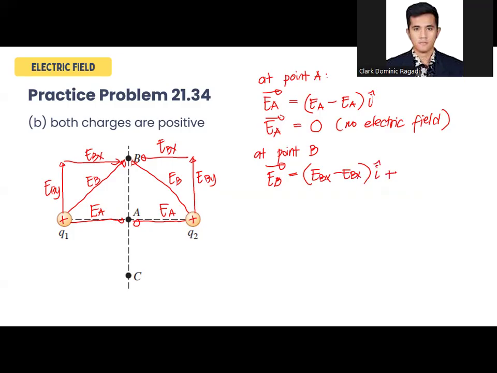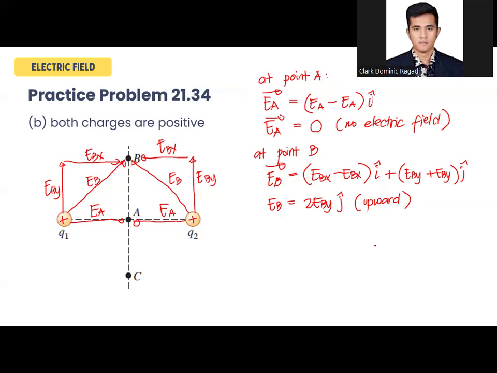Plus the Y component: both of them are going up, so both are positive, EBY plus EBY, J hat. That results in EB equals 2EBY J hat. Since we arrived with a positive J hat, the direction is upward.